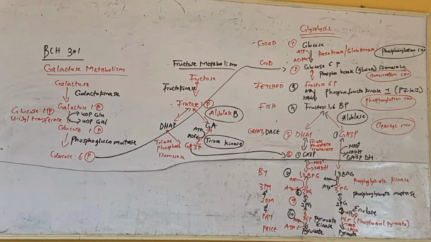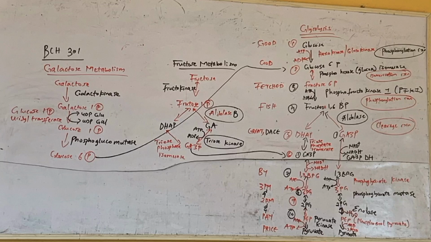So in the investment phase, we use 2 ATP. That is, in step 1 and step 3, we use 2 moles of ATP. But in the payoff phase, we generate 10 ATP. How? Let's see. In step 6, conversion of glyceraldehyde phosphate to 1,3-bisphosphoglycerate, we generate 2 moles of NADH.